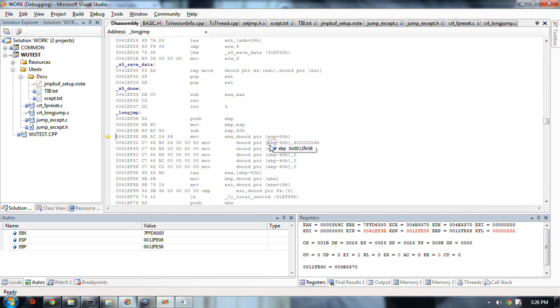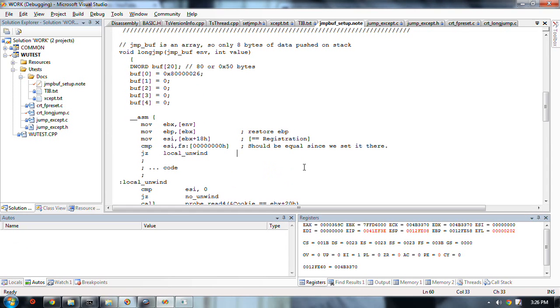Now at EBP minus 50, which is the first element in this buffer, which I just called buff, goes this value, 80026. Don't know why. And the next 4 are set equal to 0.